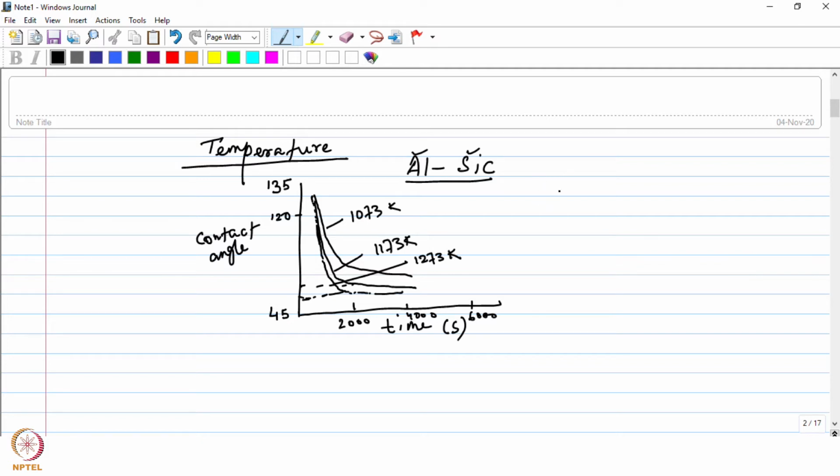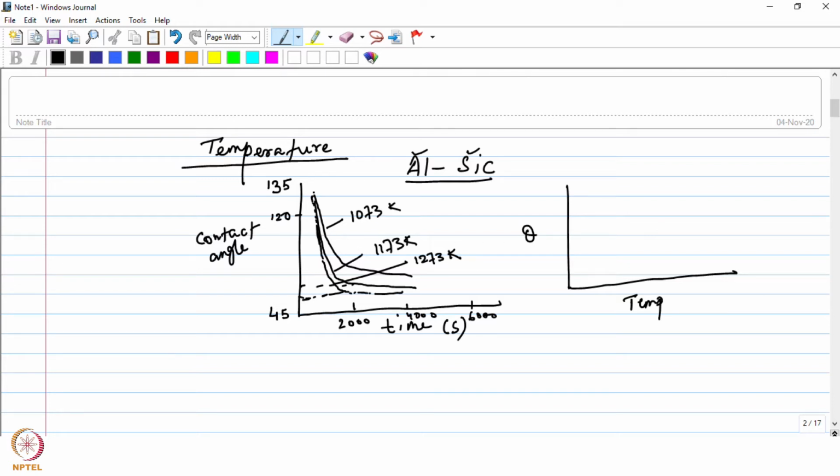And that can also be shown with another plot like this. If you plot the contact angle with respect to temperature, and see how the initial and the final angle varies with temperature.